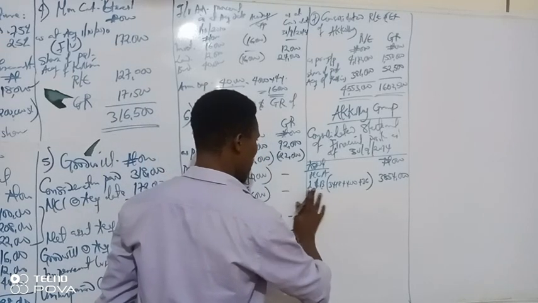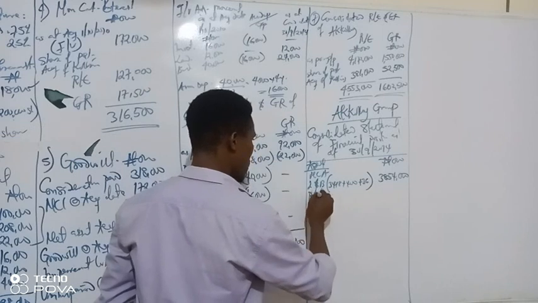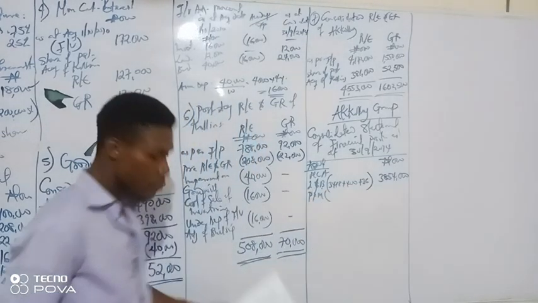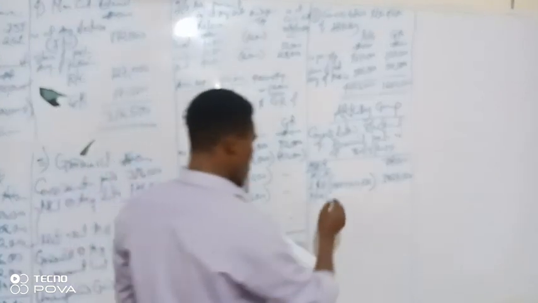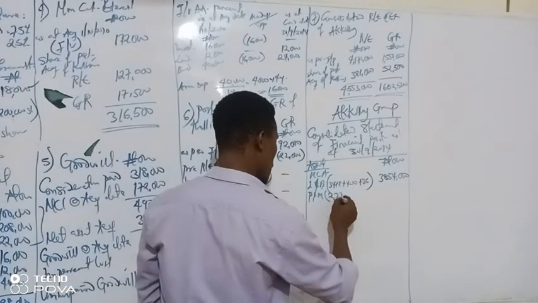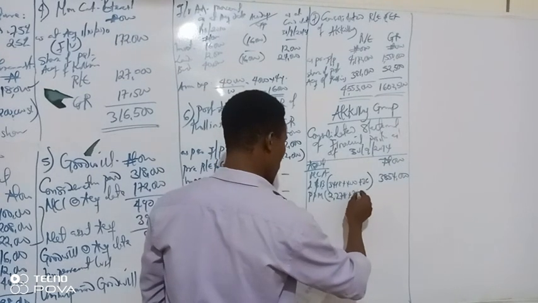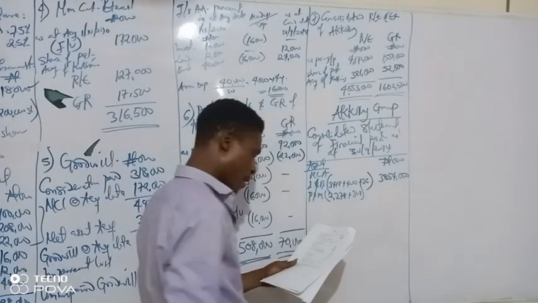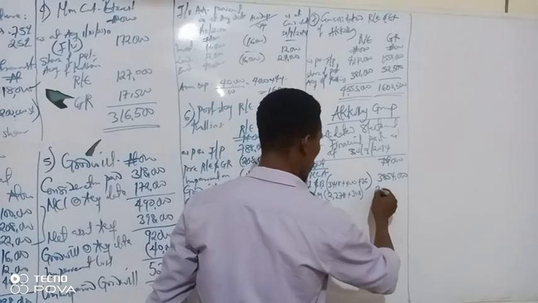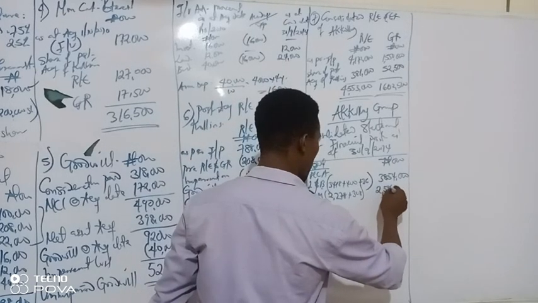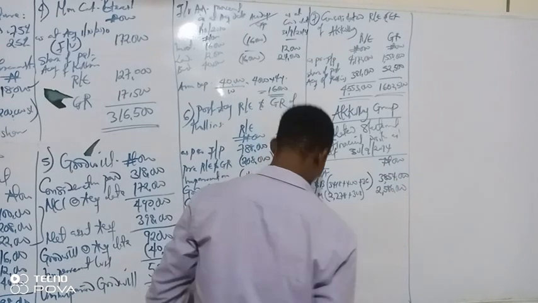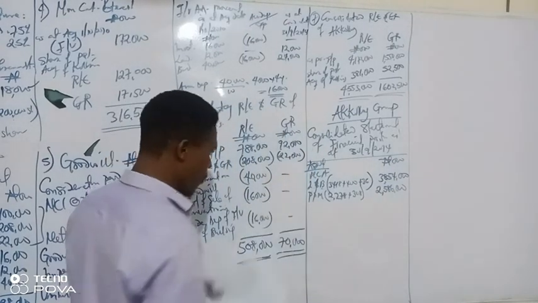Let me write it down. 2,278 plus 308. No adjustment. That will be 2,586,000. Then patents for parent alone, right?